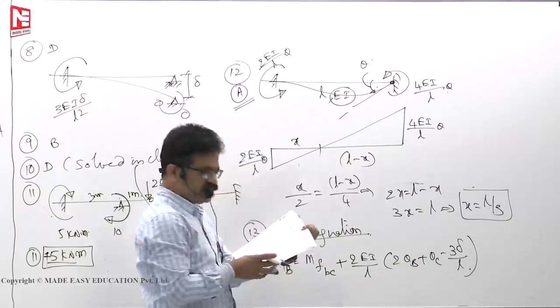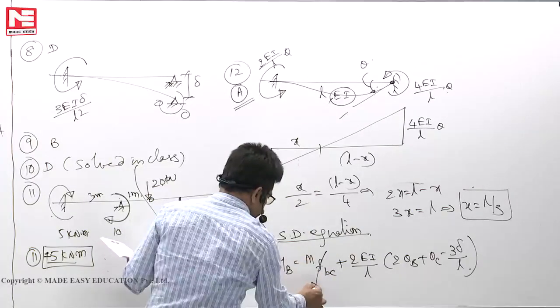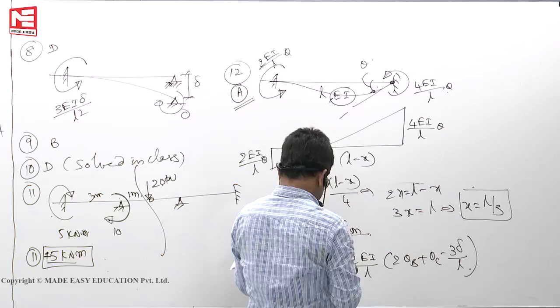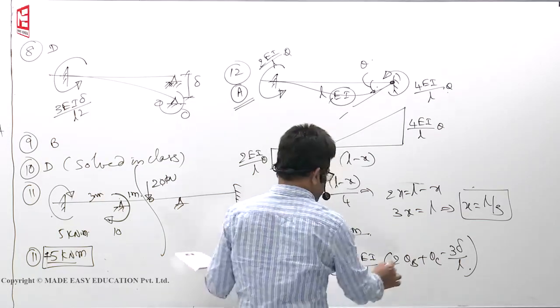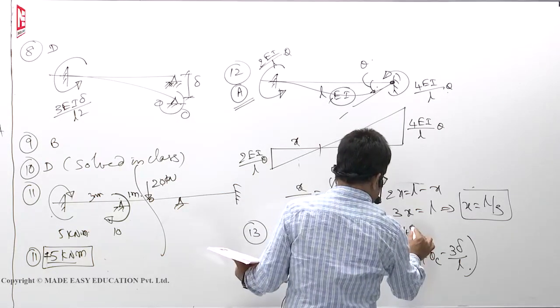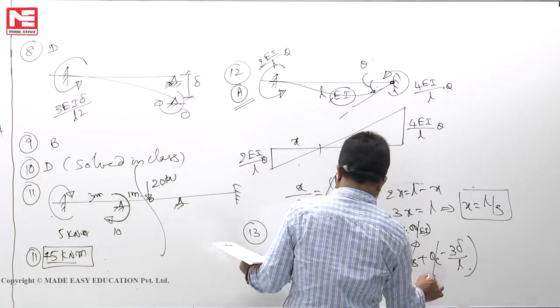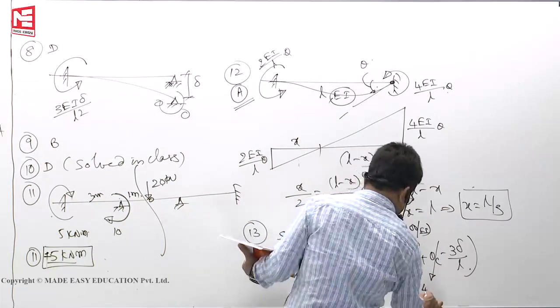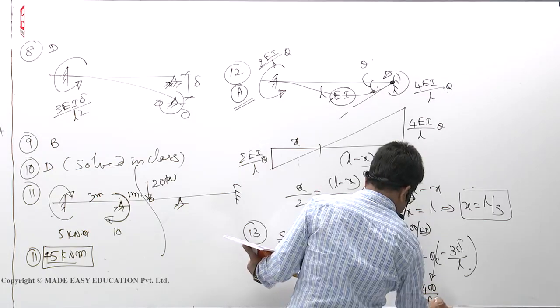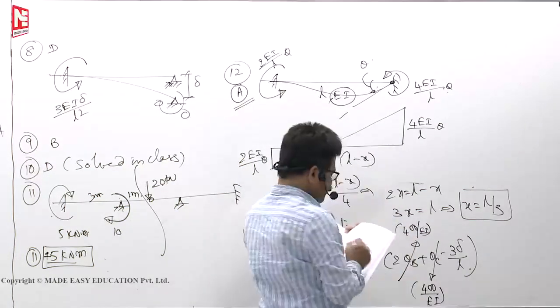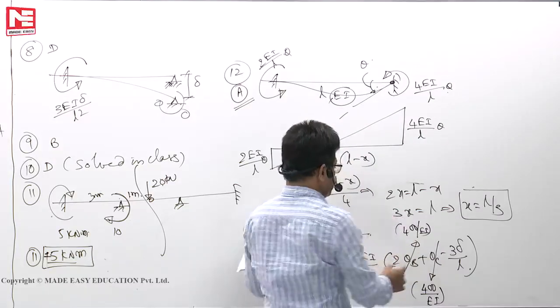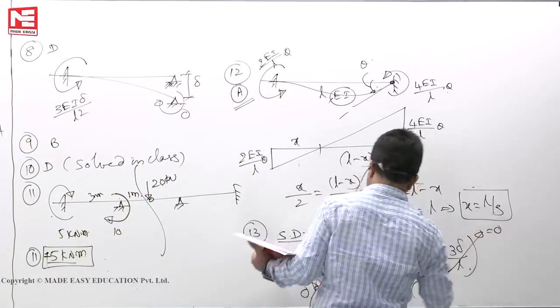Now you see, on the span BC there is no loading, so the fixed end moment is 0. Theta B has been given as 400 by EI, okay. Theta C is also the same, 400 by EI. With respect to B, C is not sinking, he didn't give you any sinking, so delta is 0.